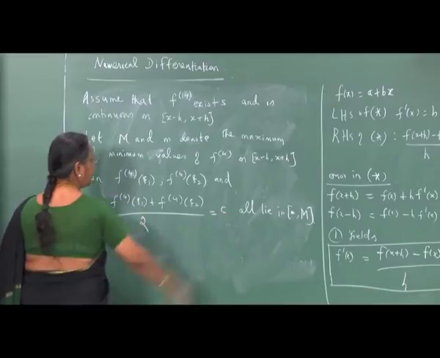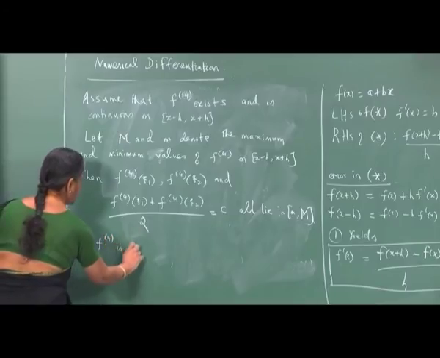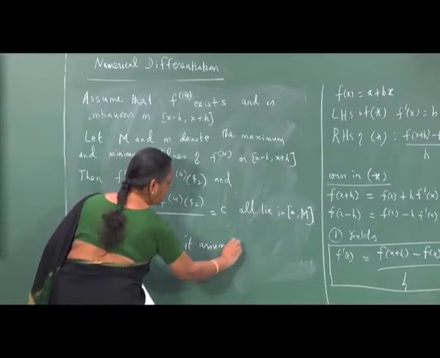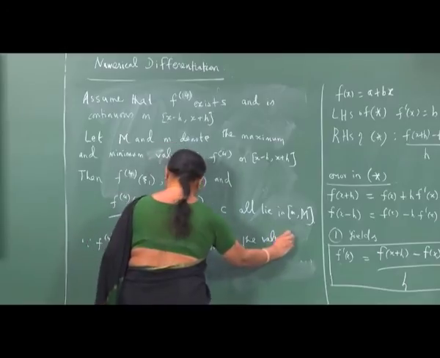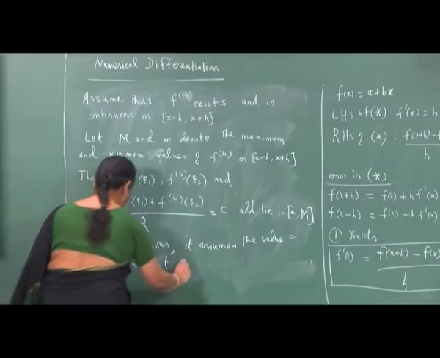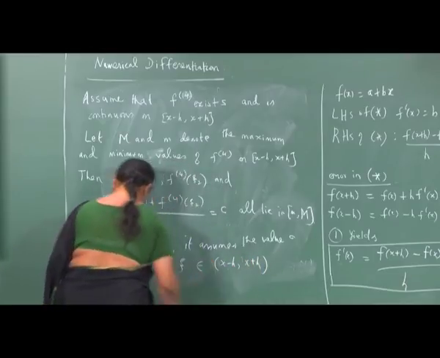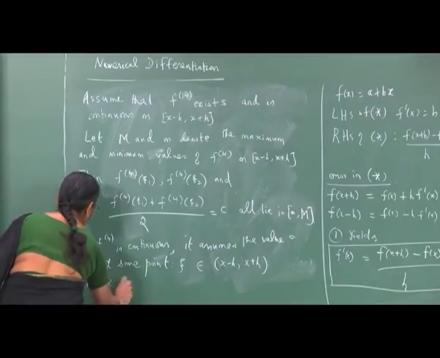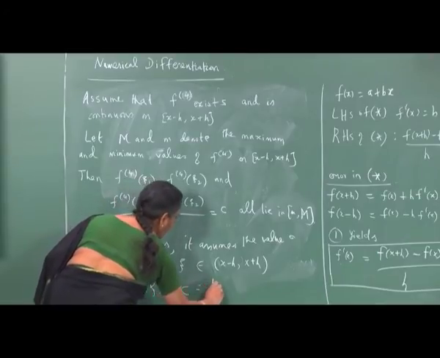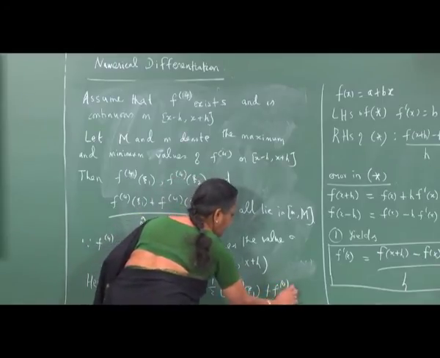Since this fourth derivative is continuous, it assumes the value c at some point, say psi, which lies in the interval x minus h to x plus h. So, hence the fourth derivative at psi is c, which is half of the fourth derivative at psi 1 plus the fourth derivative at psi 2.